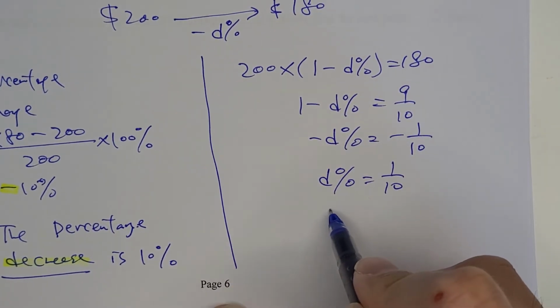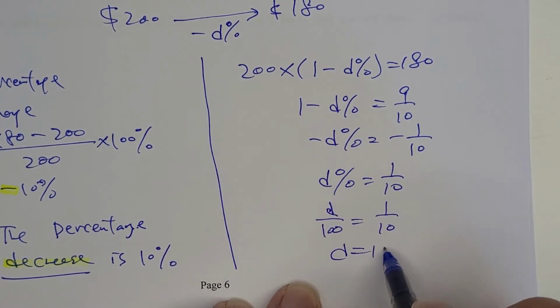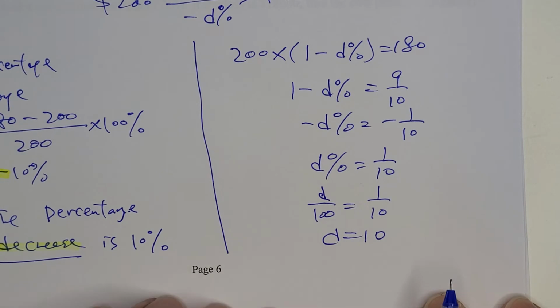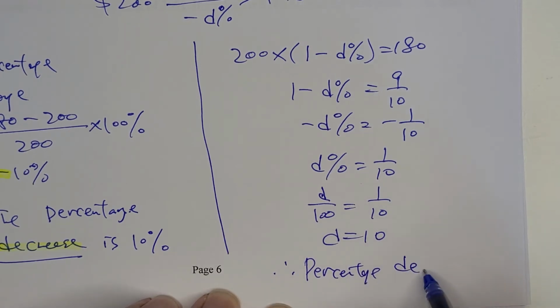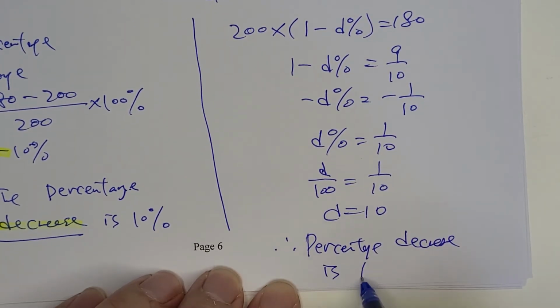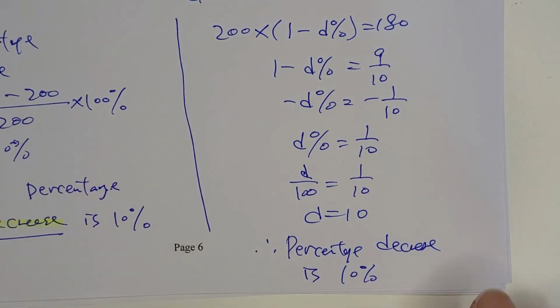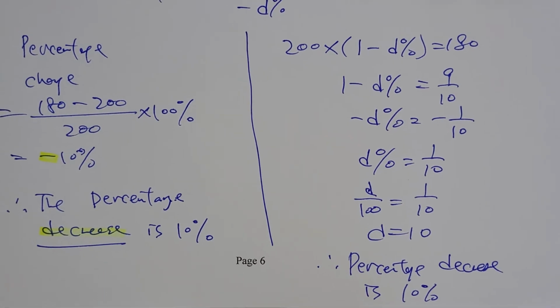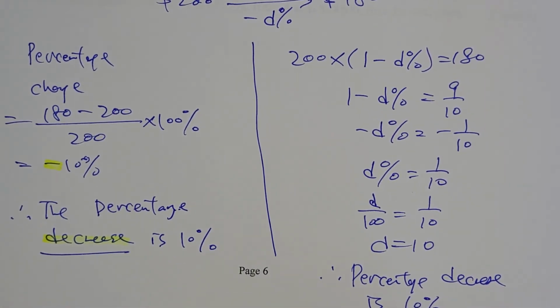So d over 100 is 1/10, and you can get d is 10. Therefore, the percentage decrease is 10%. There are two methods, so you can choose whichever you find comfortable to solve this problem. And that's the end of question number 6.